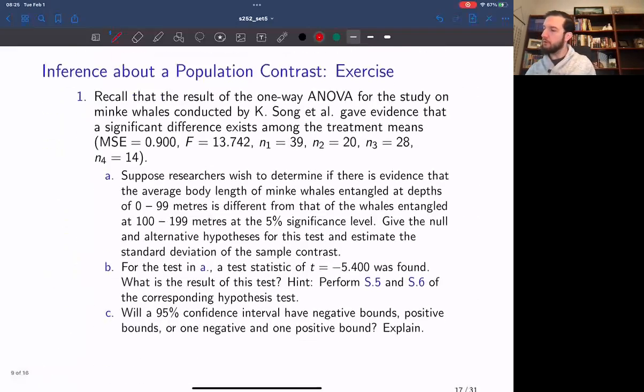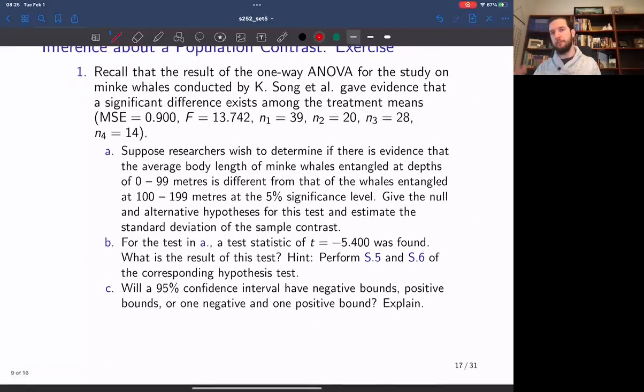All right, so we'll look at an exercise now that works through all these different ideas at the same time. We're going to refer back to the Minke whale exercise. In lecture set number 4, we did an example where we illustrated how the one-way ANOVA would work for the minke whale data set.